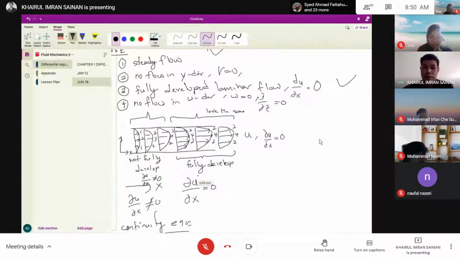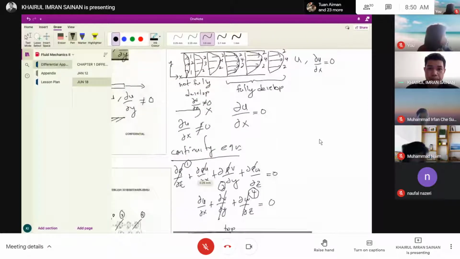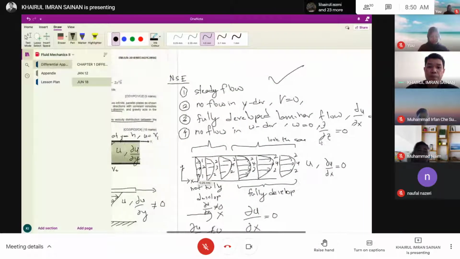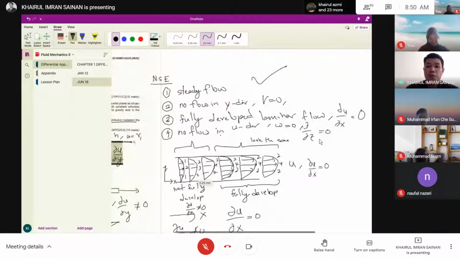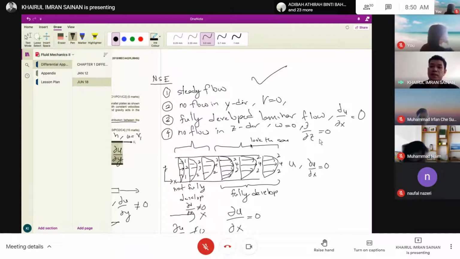Alright. So next, number 4. Okay, there's no flow in Z direction. So since there is no flow in Z direction, W equals 0, and then del over del Z equals 0.